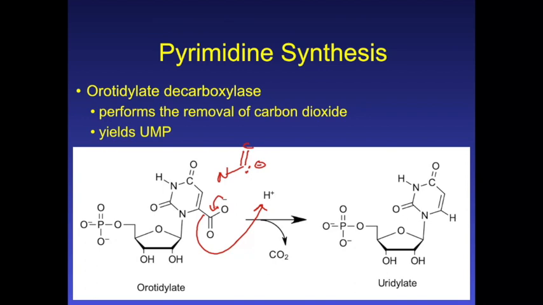This is an unusual reaction in that there's no stability, but all the mechanistic experimentation feels that this is the best mechanism. There's a couple other proposed ones that would not have that carbanion there, but experimental evidence shows that that is not the case. This is the actual mechanism. And so we have created UMP. That is something that we are familiar with.